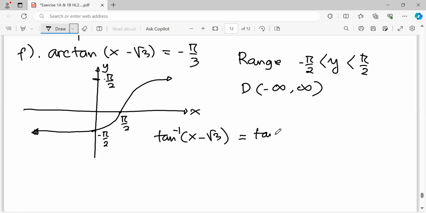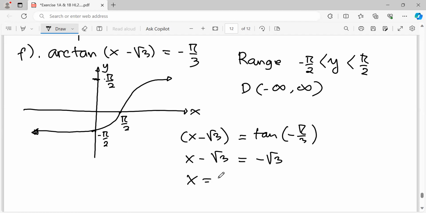We are going to find tangent minus pi third. So x minus root 3 equals tangent minus pi third, which is minus root 3. So x equals 0, because minus root 3 plus root 3.